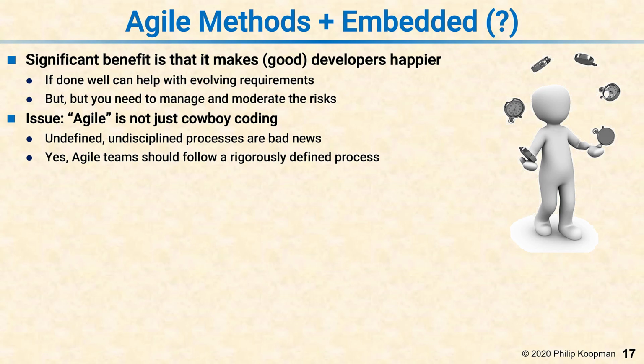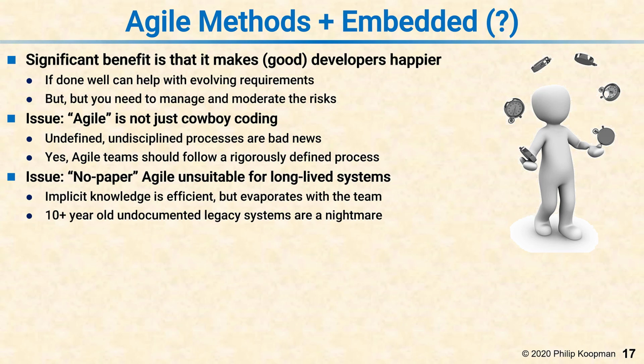That usually ends poorly. Another issue is no paper Agile. If you have Agile that has gone all the way to zero paper at all, it might be okay for some applications, but basically you've decided that rather than write it down, all the information is going to be in the heads of a few people.